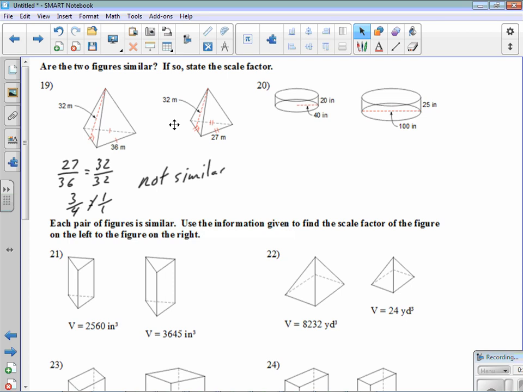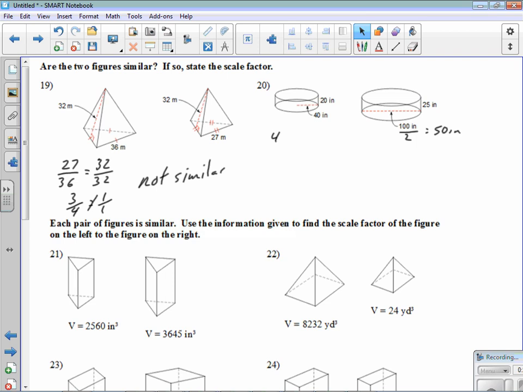All right, so then the next one, a couple of cylinders. One thing we have to recognize is they give us the radius on the left one, but they give us the diameter on the right one, so divide that by 2. That gives us 50 inches for the radius.